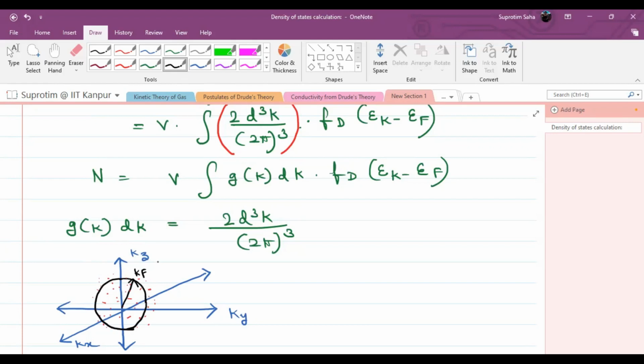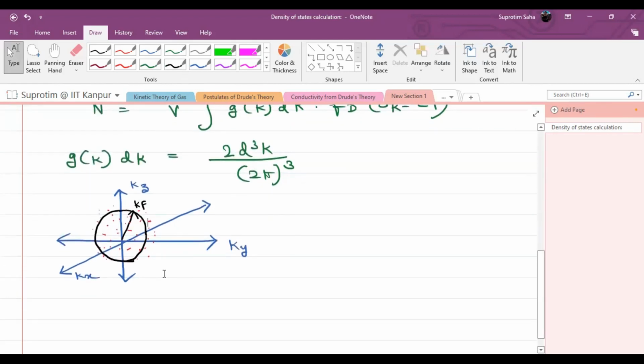Now in k space, as we used to do in real space, we are taking a sphere and taking a shell outside it. So it was a differential volume. In this case also, d cubed k is actually 4 pi k squared dk.